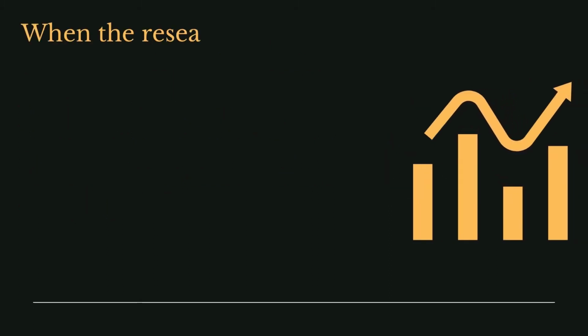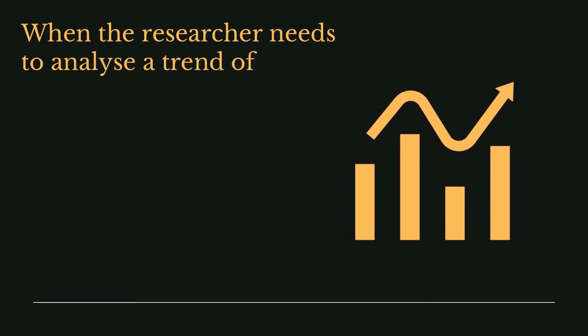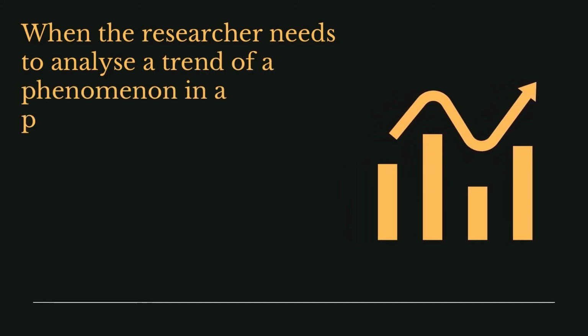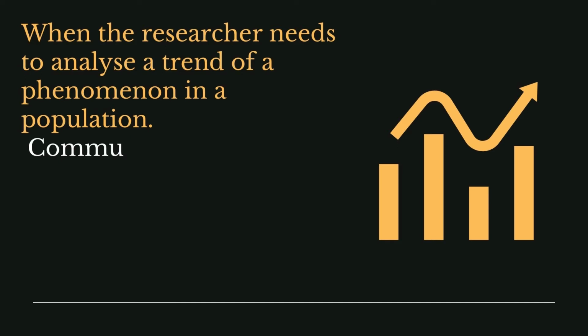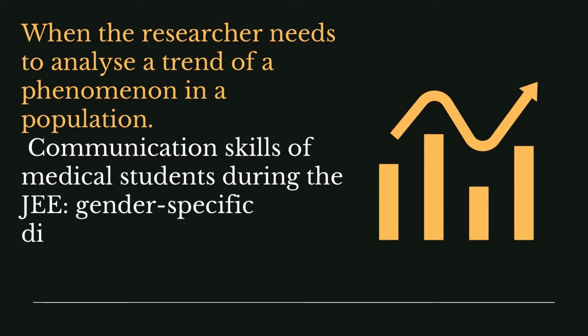When the researcher needs to analyze a trend of a phenomenon in a population over time, for example, communication skills of medical students during the JEE, gender-specific differences in a longitudinal trend study. This could be the research problem.